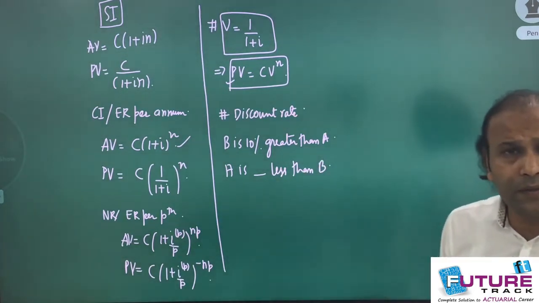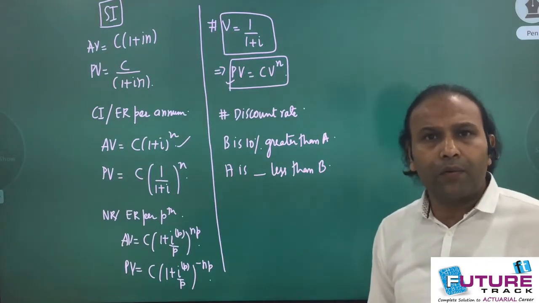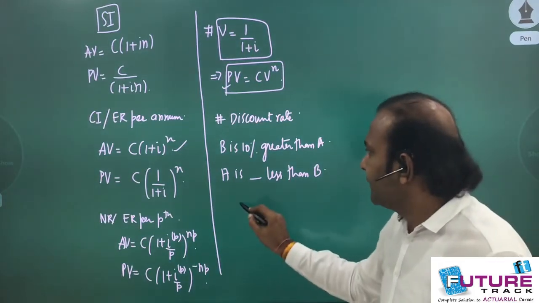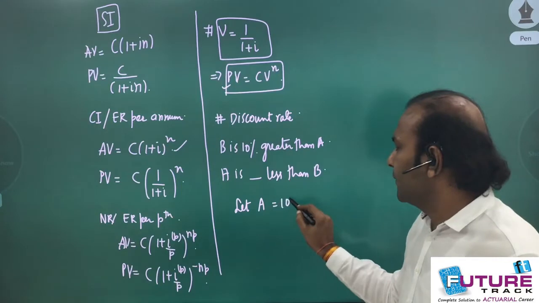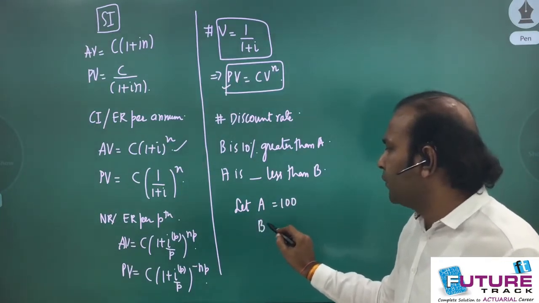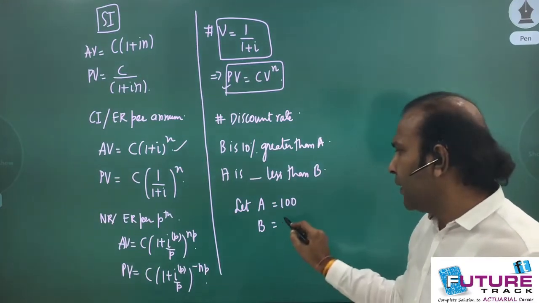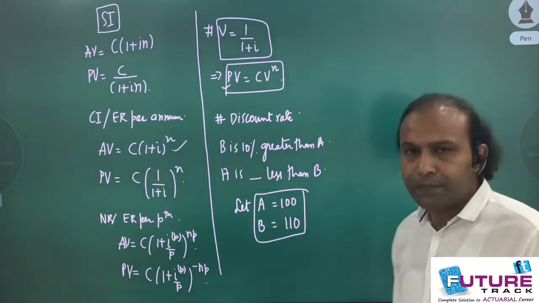If B is 10% bigger than A, then how much smaller is A than B? We have to calculate that. So class, how to solve this problem? Let A is 100, so B will become what? B is 10% greater than A, so B is 110, right?